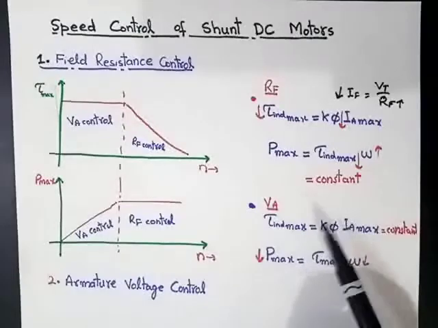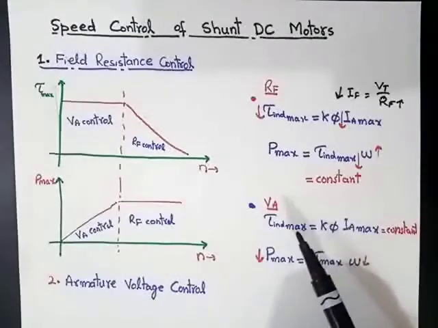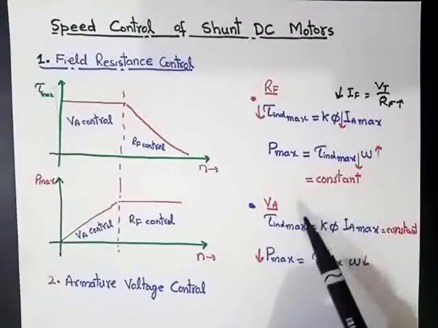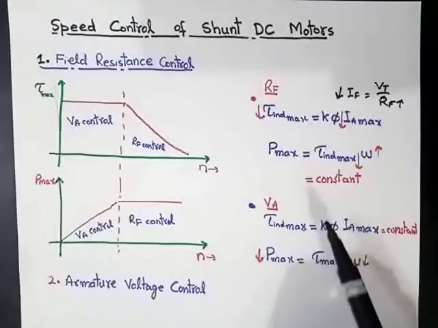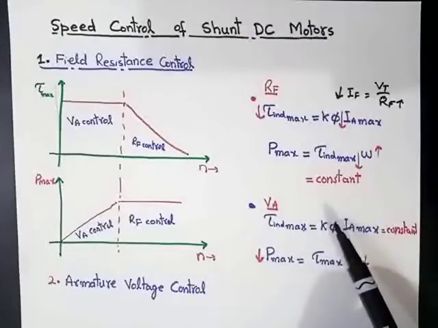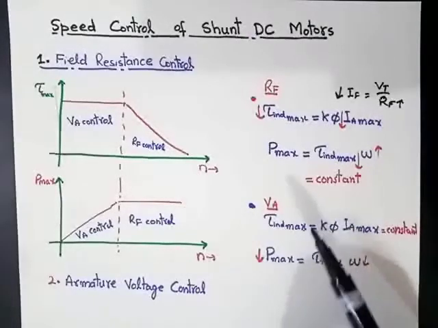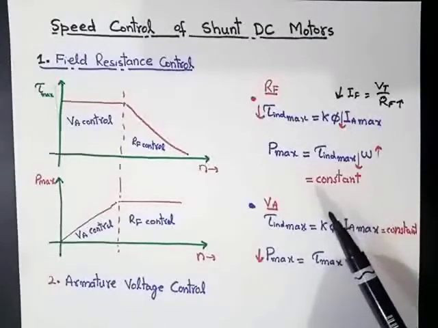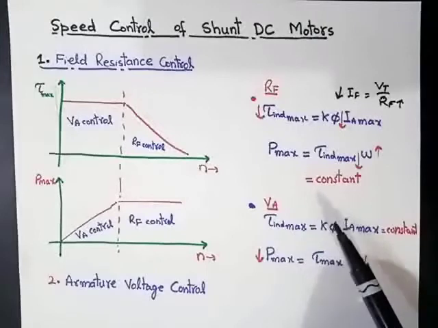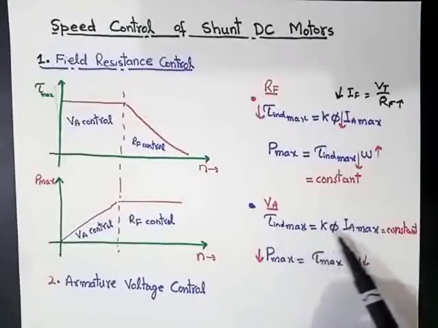Now, in case of armature voltage, we normally decrease the armature voltage, because we can't continuously increase the armature voltage above the rated voltage. When we decrease the armature voltage, no change occurs in the flux. It means this factor will be constant.